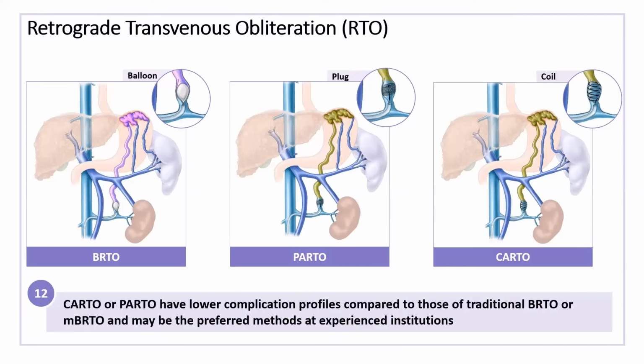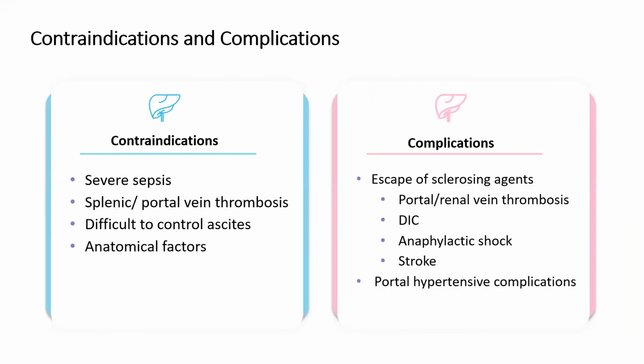So CARTO and PARTO have lower complication profiles compared to those of traditional BRTO or modified BRTO, and may be the preferred methods at experienced institutions. So the contraindications would be severe sepsis, if there's splenic or portal vein thrombosis, if there's difficult to control ascites, and you'd be increasing portal flow and potentially worsening portal hypertensive complications.